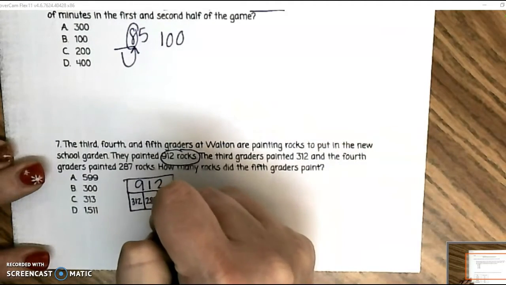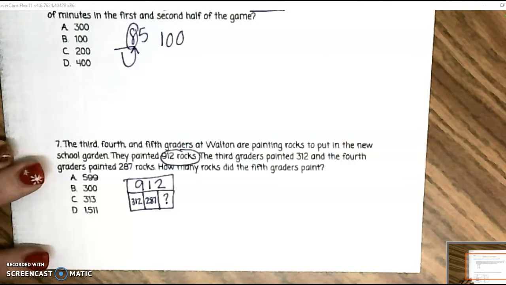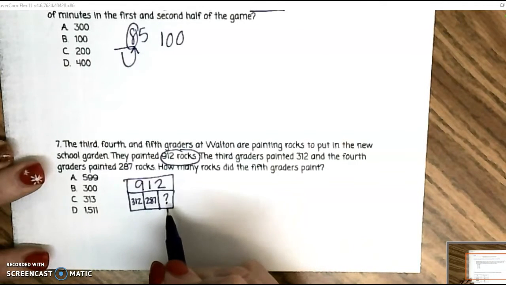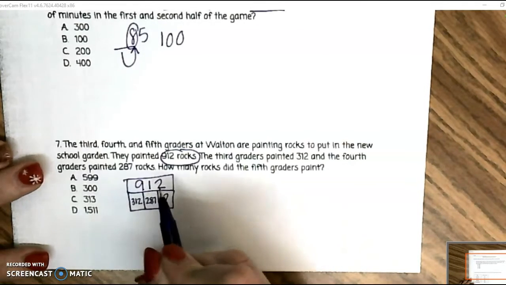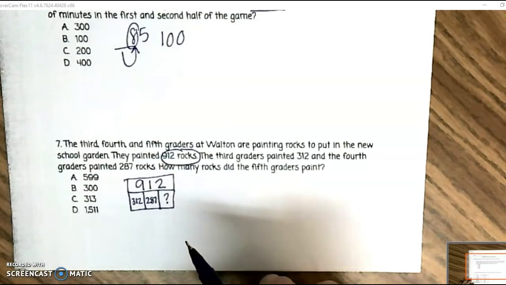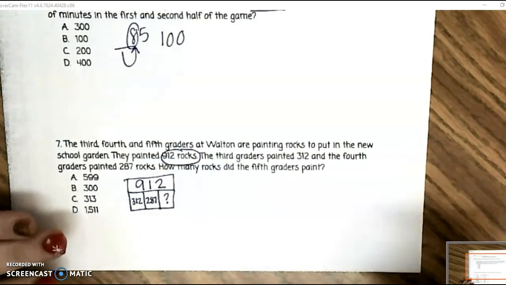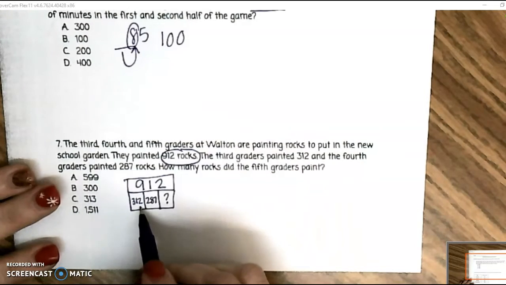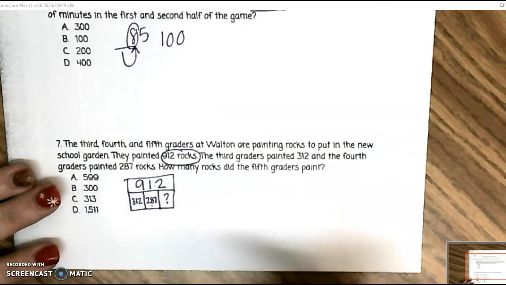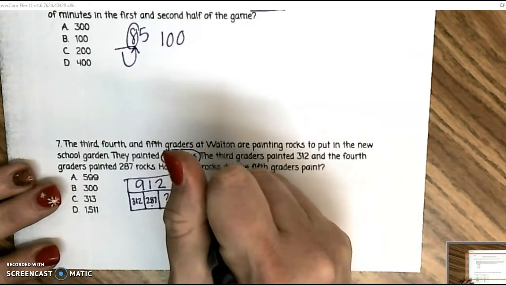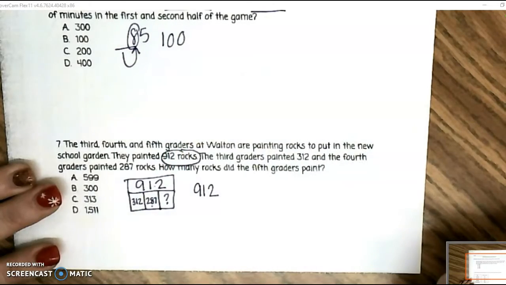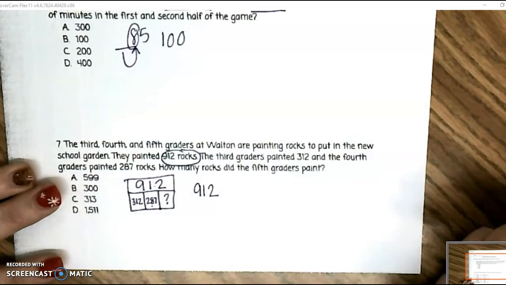The question is, how many did the 5th graders paint? This means I'm finding part of a whole. So again, to find our final answer, we're going to have to subtract. I can add these two numbers and then subtract that from 912, or I can just do straight subtraction. I'm going to do straight subtraction because I don't want to confuse myself.